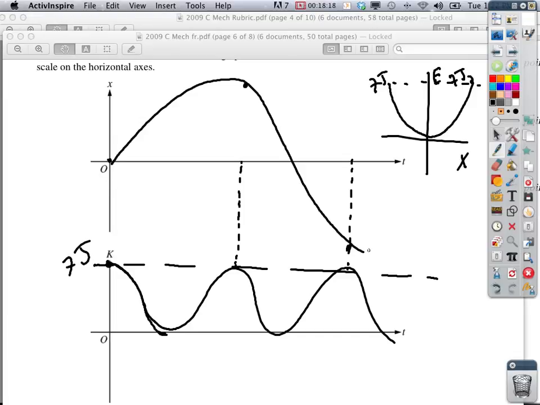Wait, so why is the second one all the way up? This was 0 kinetic energy. Did I graph this right? Because at the bottom it has maximum, right? Yes, if we start there, it has maximum and goes up. So this also has to be a place, because the kinetic energy is maximum when the displacement is 0.